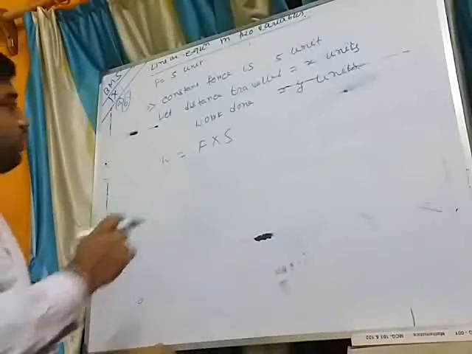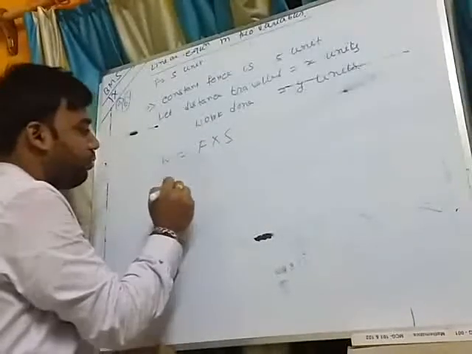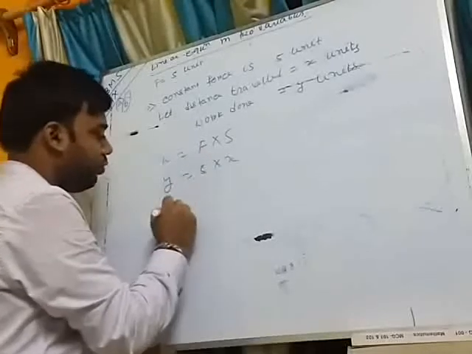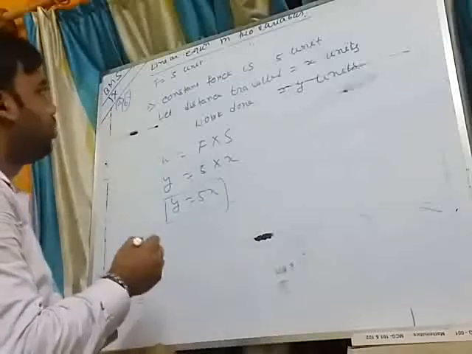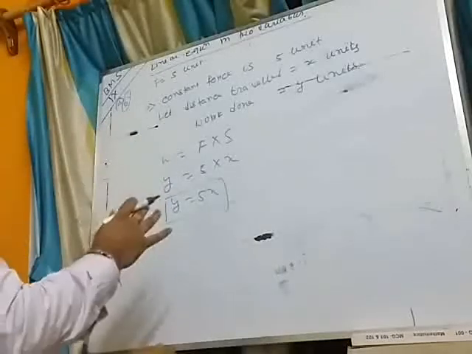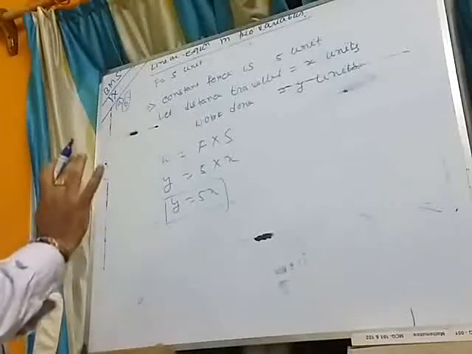So work done is y, F equal to 5 and into x, that is y equal to 5x. That is the linear equation of question 6 using the information given in the question.